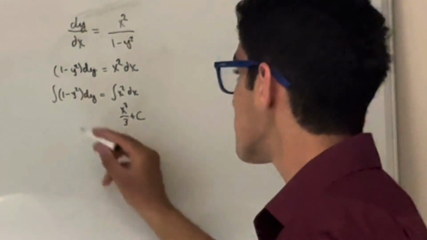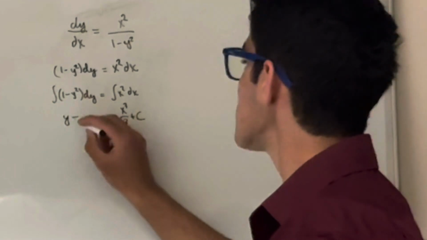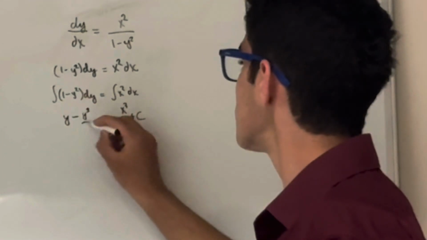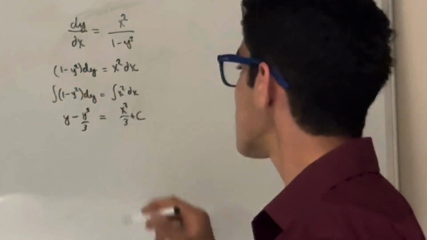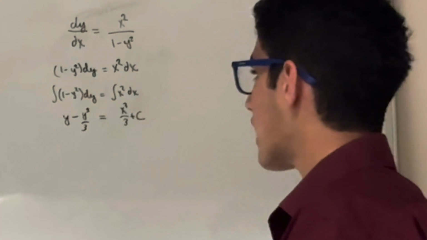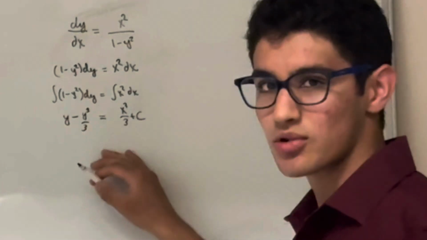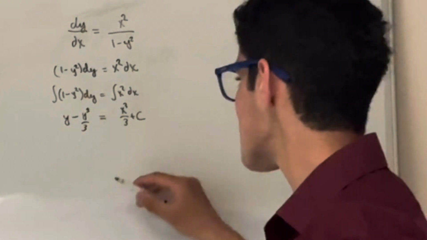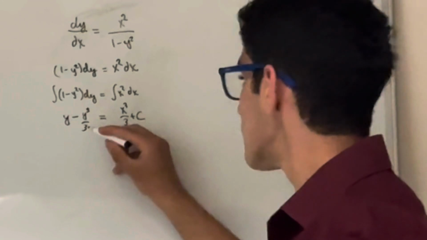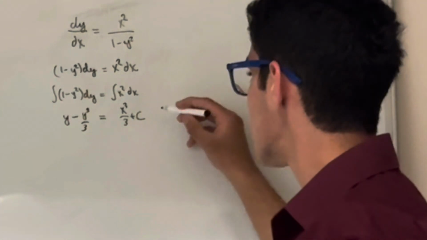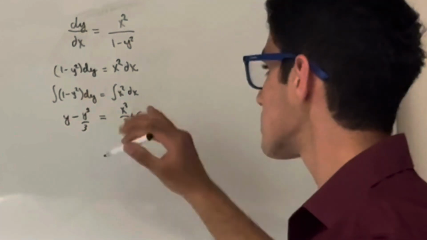The left hand side is just going to be y minus y cubed over 3, equal to this. We want to get it in terms of y, and this is known as, okay, I'm going ahead of myself here, let's just get everything onto one side. Let's keep the constant on this side. Let's multiply everything by 3. I'm going to call this c1 because you'll see why.